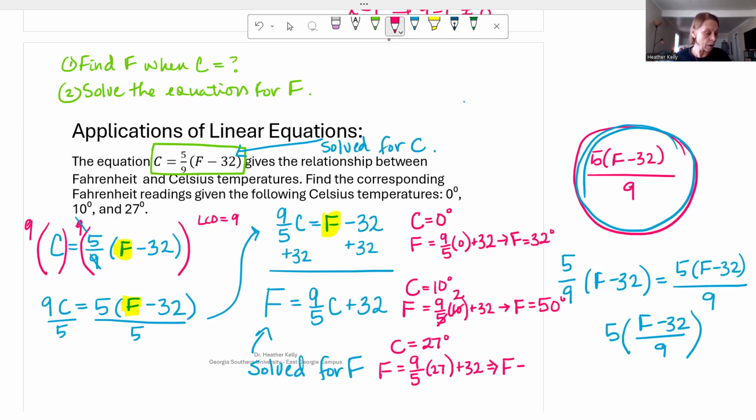And if you do not have a calculator yet, you will need one. Not necessarily this week, other than maybe to do a little bit of arithmetic, but you'll definitely need to have that calculator.